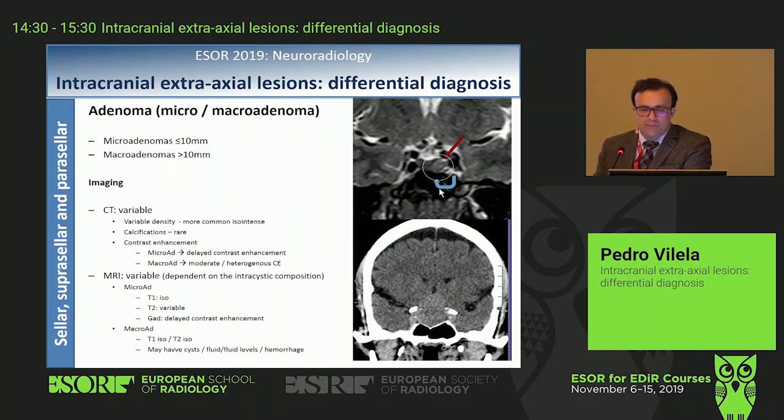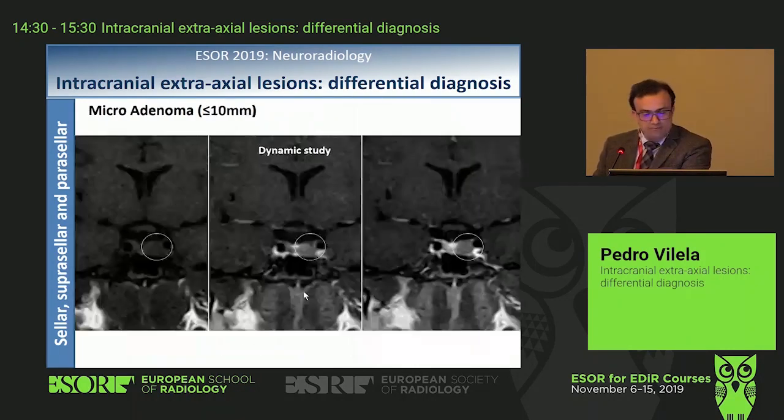But you see this much better when you do MR. And the macroadenomas are typically shown as snowmen with this double circular appearance at the sellar and at the suprasellar area.